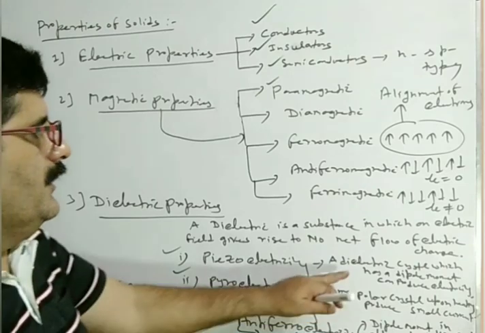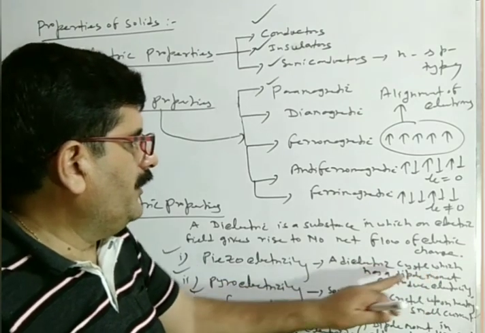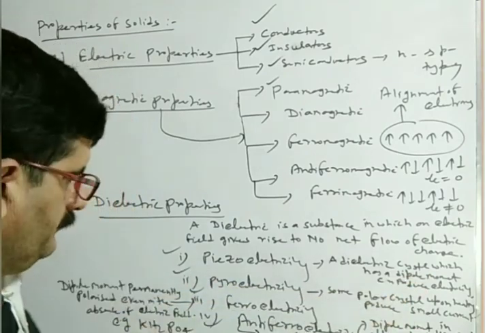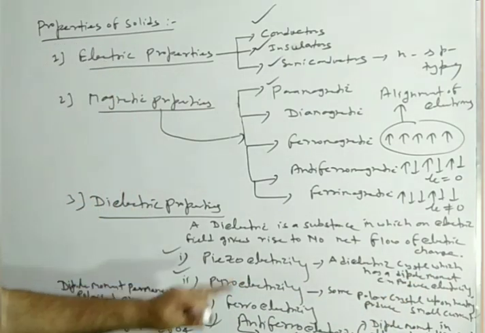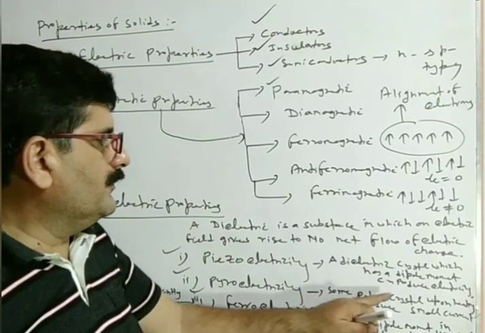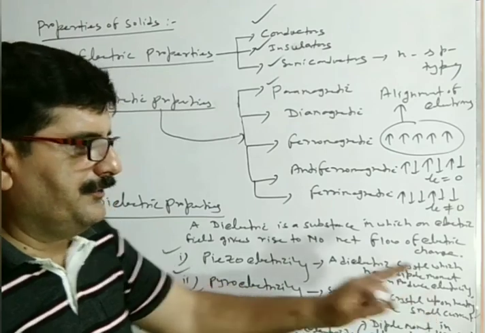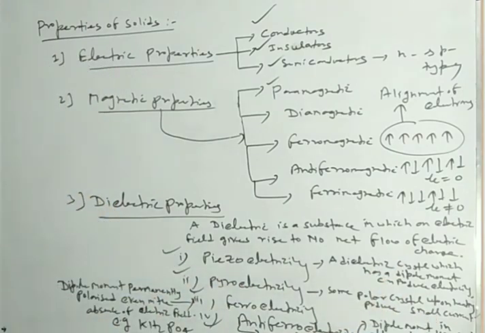Piezoelectricity means a dielectric crystal which has a dipole moment can produce electricity. Pyroelectricity means some polar crystals upon heating produce a small current. Ferroelectricity means the dipole moment is permanently polarized even in the absence of an electric field. Potassium hydrogen phosphate is an example.